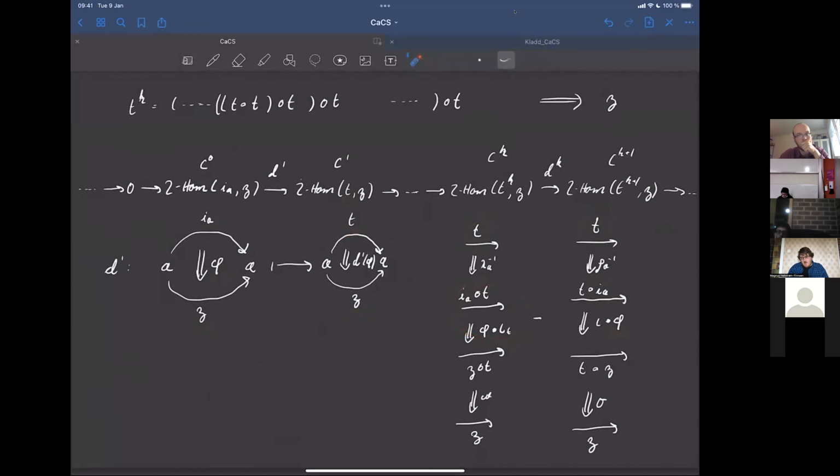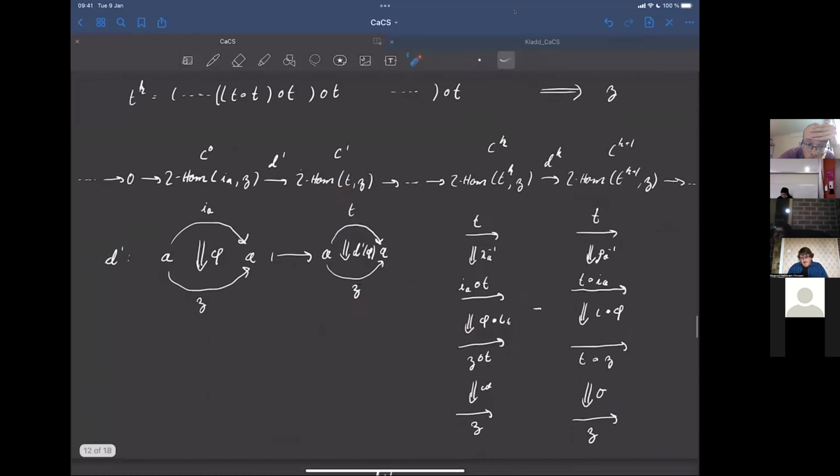That you have maps composed horizontally and then vertically. But this is one of the relations between horizontal and vertical composition that make this work. I mentioned that we didn't draw this diagram.